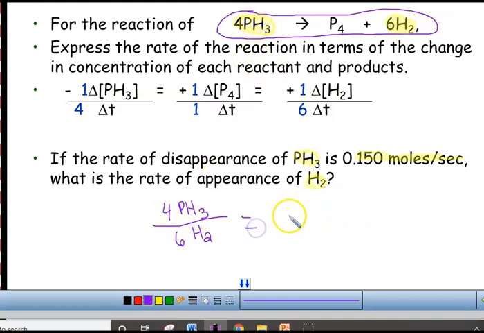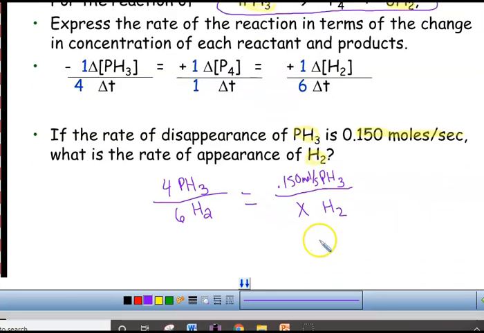And I'm just going to now set it equal. I've got to keep it where PH3 is on top and H2 is on bottom. And now I'm going to put their rates. We know the rate of the one on top, so we know this one. And we don't know this one. And then I can just cross multiply.